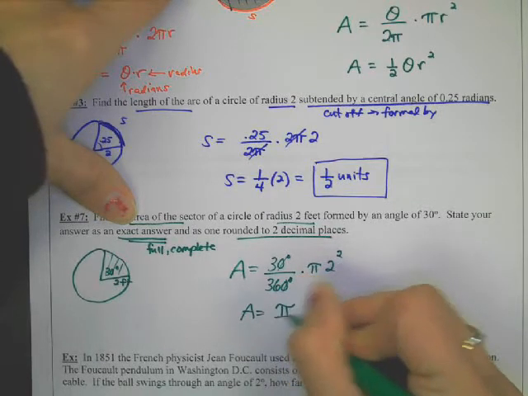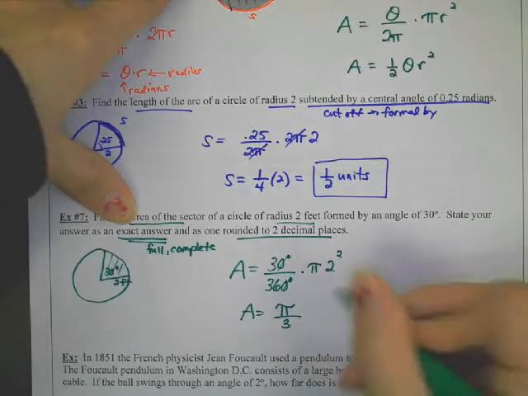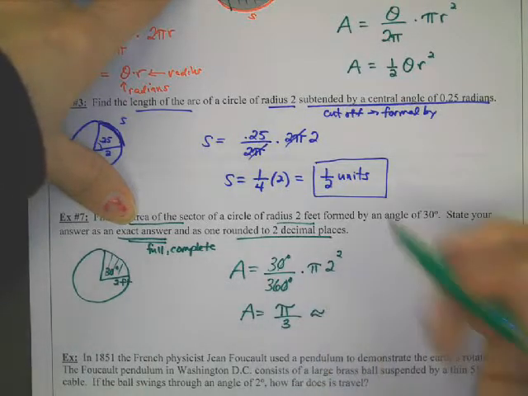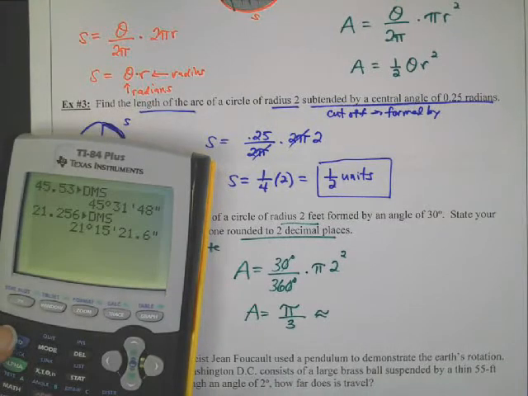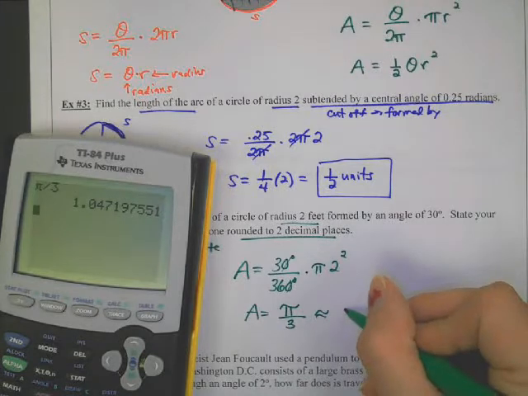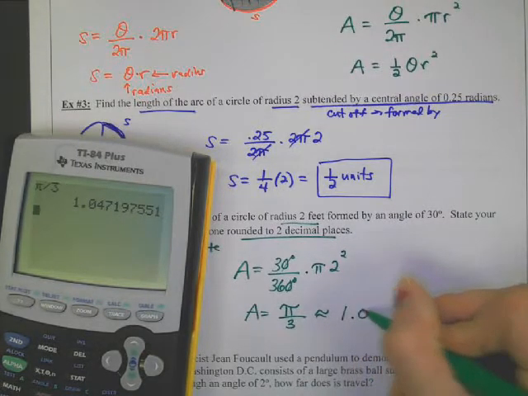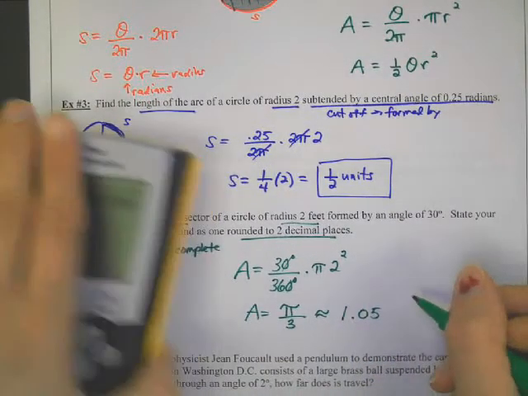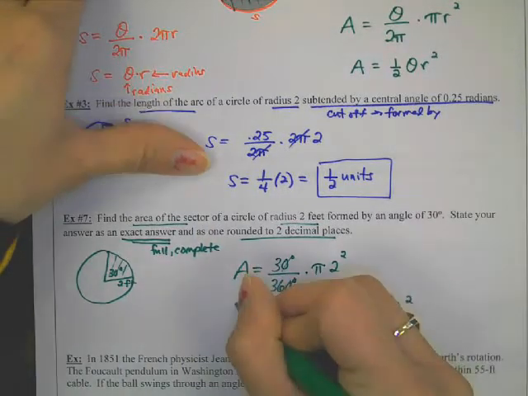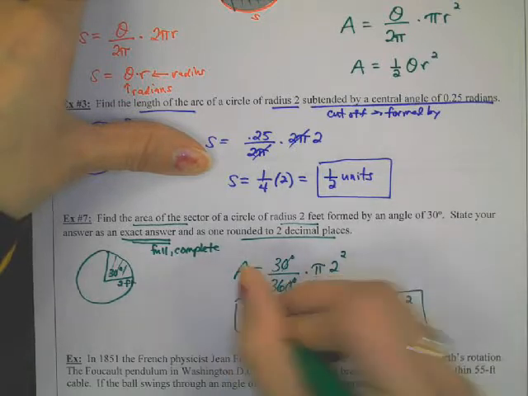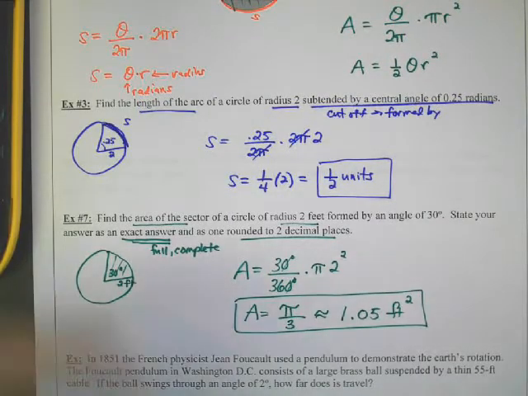So the exact answer is pi over 3. And then the rounded answer, if we type pi divided by 3 into our calculator, is approximately 1.05, and the units here are feet squared. Exact and rounded. That's how I'm going to say all the answers.